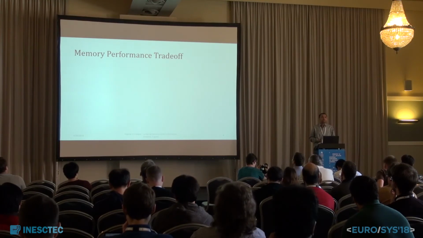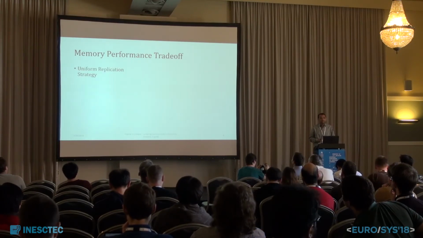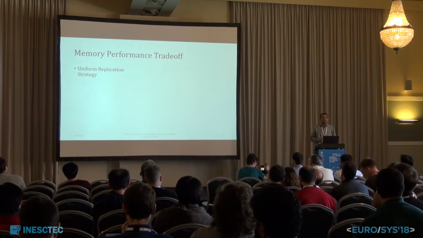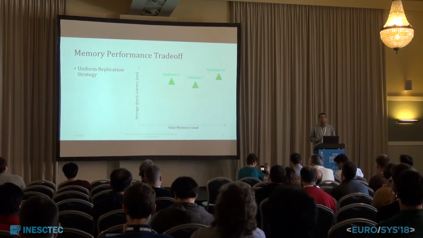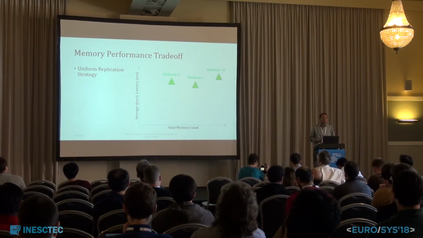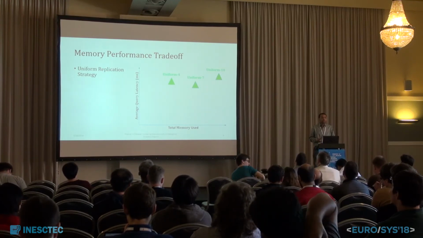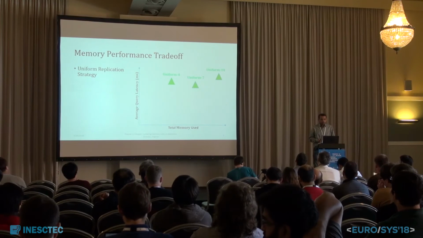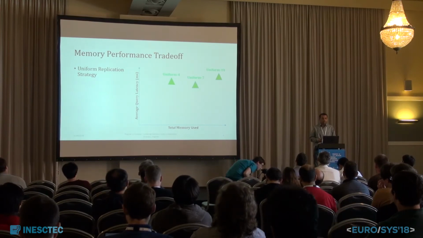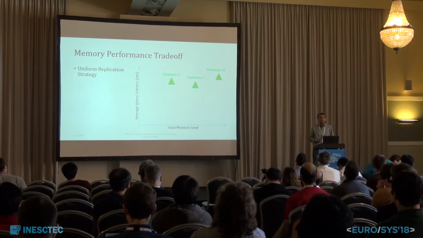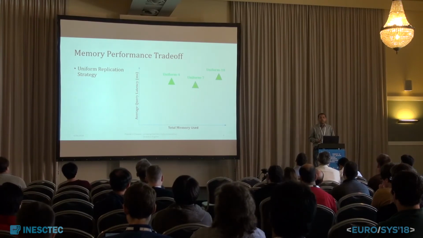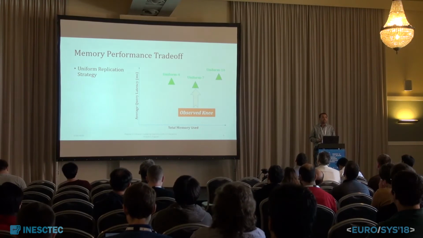To understand this trade-off well, we use a uniform replication strategy and run some experiments. In this experiment, we use 20 compute nodes and run 3 different replication factors of 4, 7, and 10. We measure the total memory used on the x-axis and the average query latency on the y-axis. We observe a knee when segments are replicated 7 times.